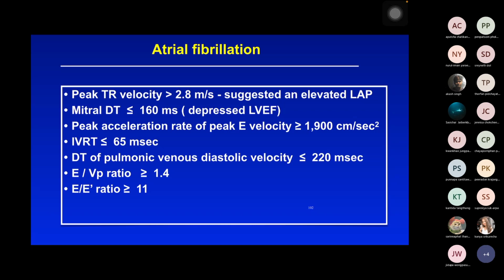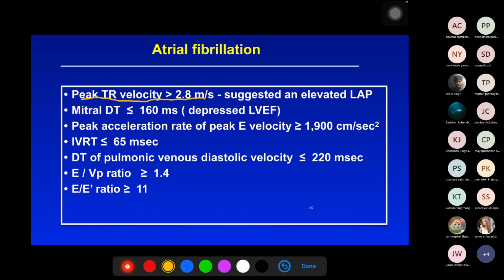So when we evaluate diastolic function in atrial fibrillation, we use first the peak TR velocity. If it is over 2.8 meters per second, this suggests the patient might have elevated filling pressure.